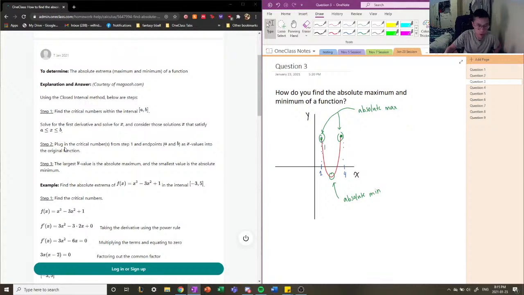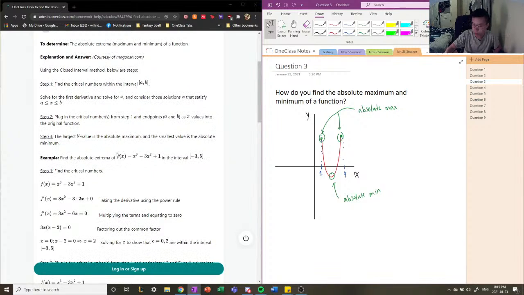However, in this algorithm, we simply have to identify our critical points, or our points of interest, and then plug them in and evaluate which one is the highest value and which one is the lowest value. The final thing that I want to note is that we evaluate the endpoints of our closed interval because the derivative cannot calculate the tangent line at this point. This is simply because it might not accurately reflect the whole function in itself.